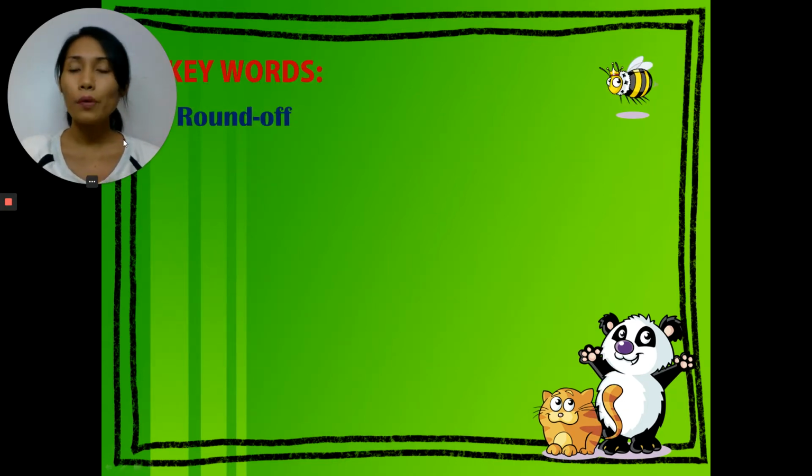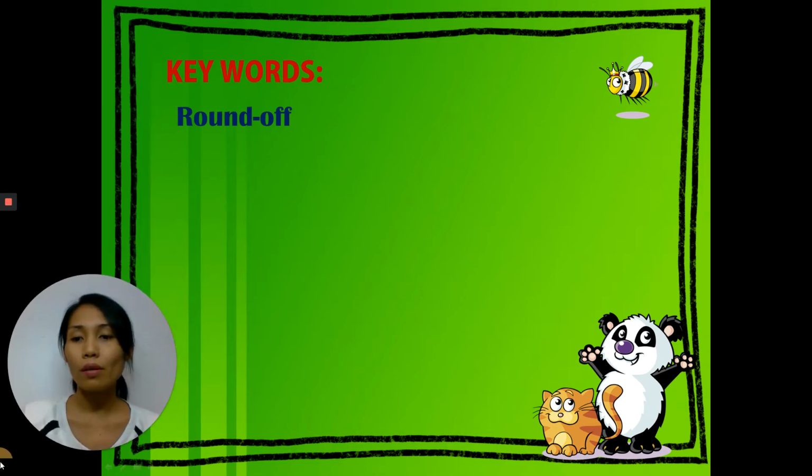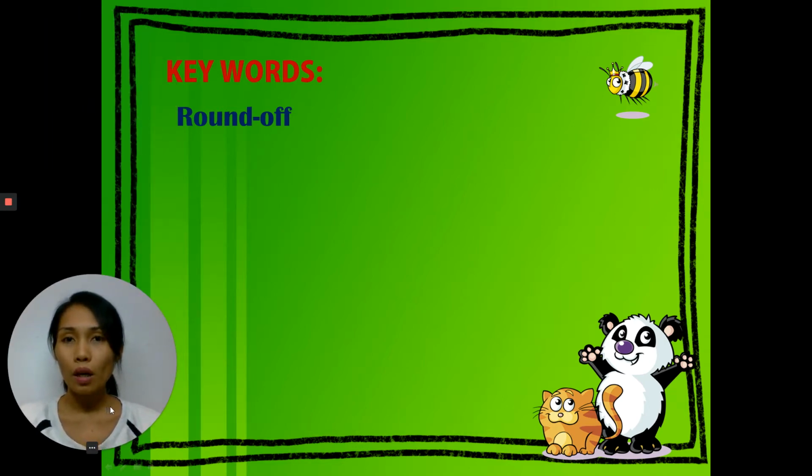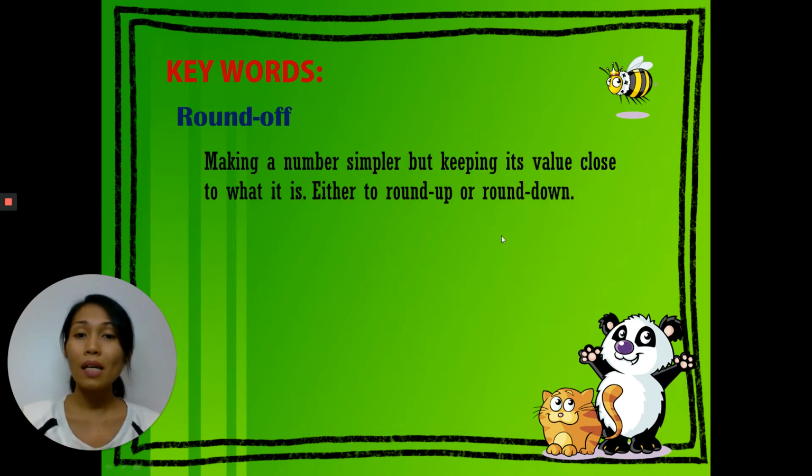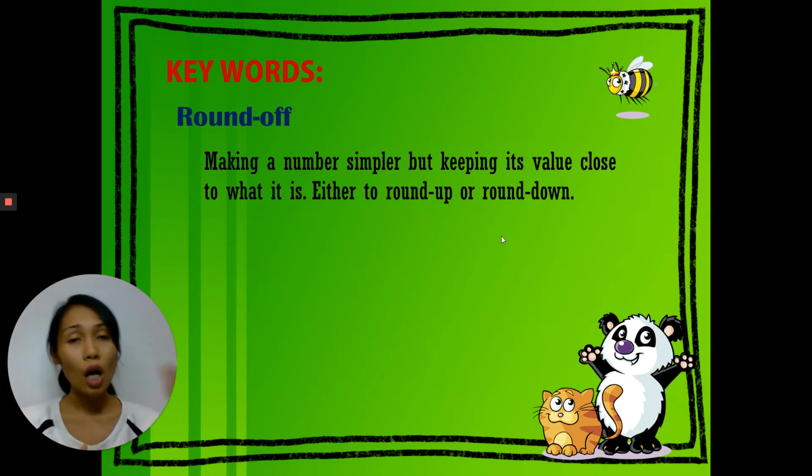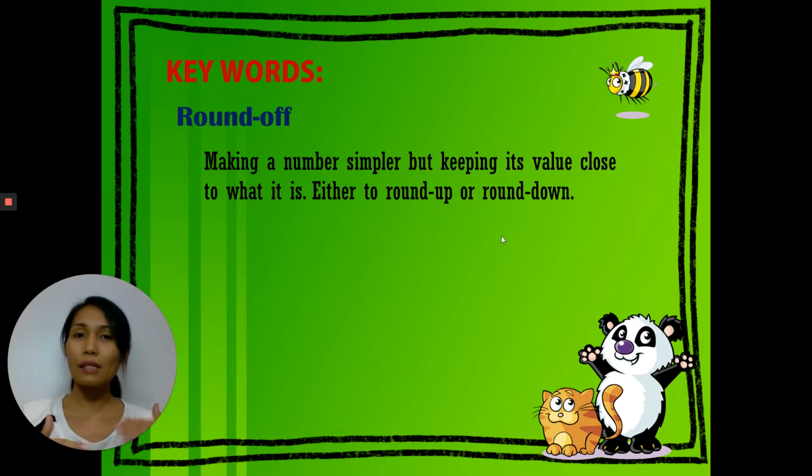So before we proceed, let's have the keywords. These are the words that we will mostly use in this lesson. Round off. I'm going to use that often here, so it's important for us to understand what is round off. Round off means to make a number simpler, but keeping its value close to what it is. It's either to round up or to round down.